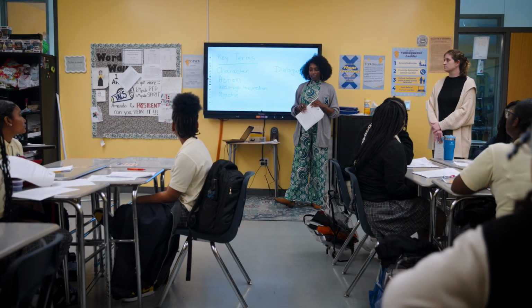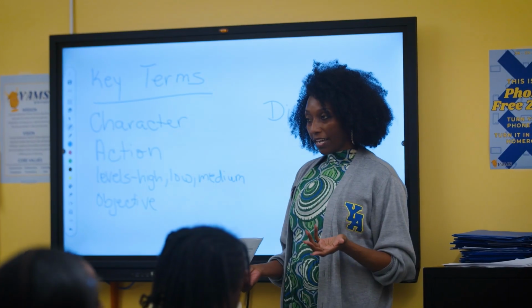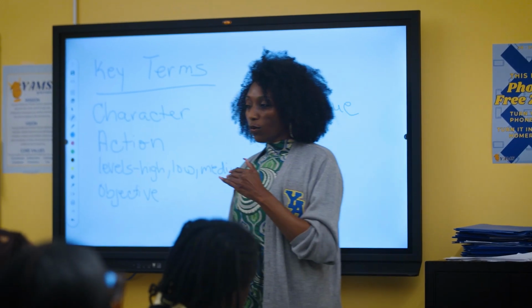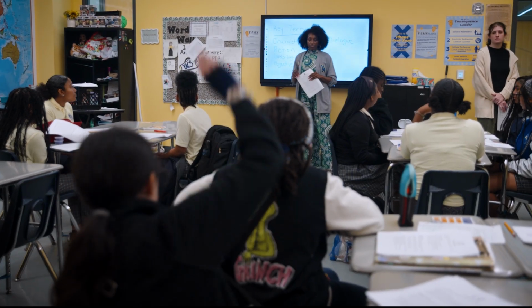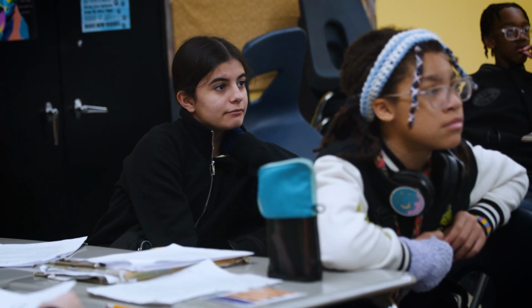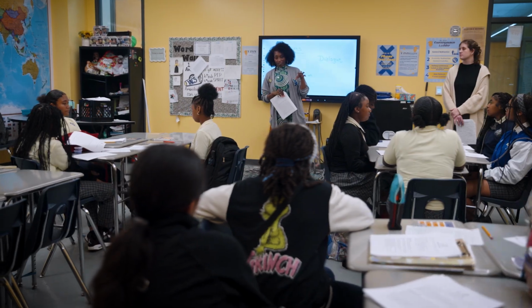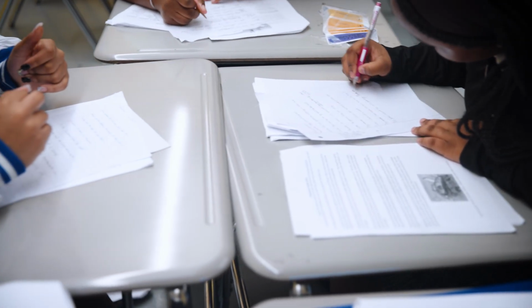Also the levels, so we can understand who your character is, what is their authority, are they weak, are they strong, and dialogue. Who can tell me what dialogue is? Like what a person says or does. Okay, so I want you to keep in mind, what are you saying? Is it true to that time? Okay, so let's get to working on these scripts.